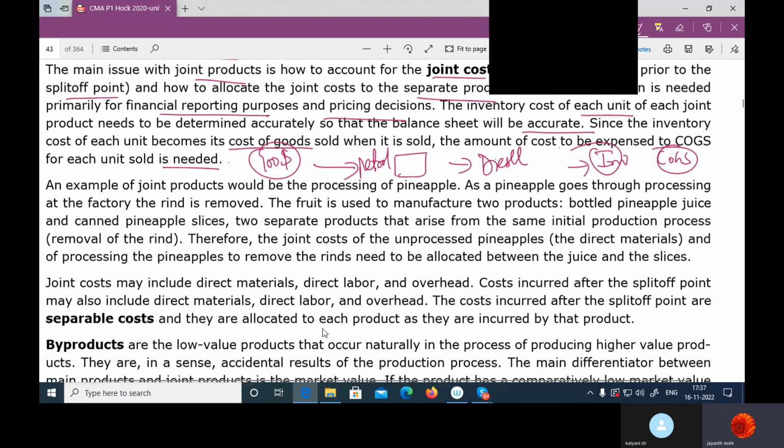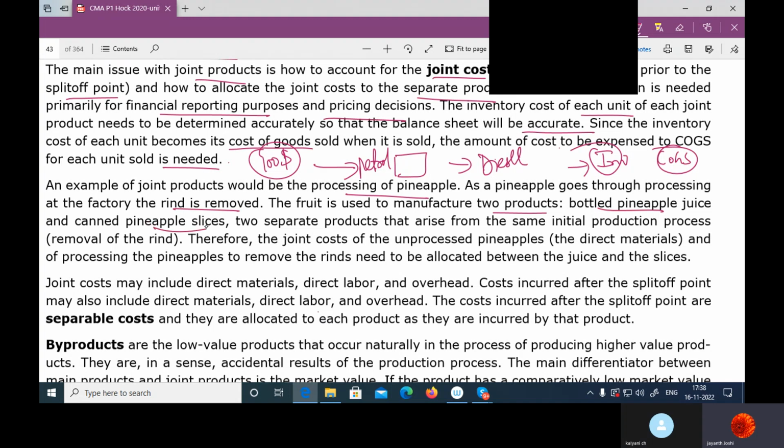A very good example is the processing of pineapple. Pineapple processing is process number one. As pineapple goes through processing at the factory, the rind is removed. The fruit is used to manufacture two products. One is juice, everyone knows. One is slices.